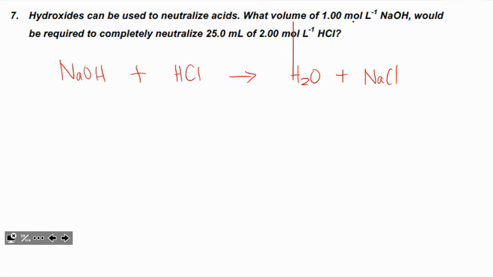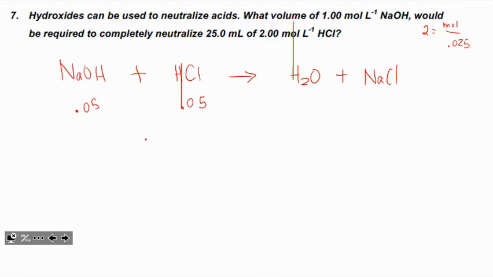We do need to figure out how many moles of HCl we're starting with. So if we have 2 molar equals moles of HCl over 0.025 liters, when we multiply that out, we end up with 0.05 moles of HCl. So this is a 1-to-1 ratio. So I would need 0.05 moles of NaOH.